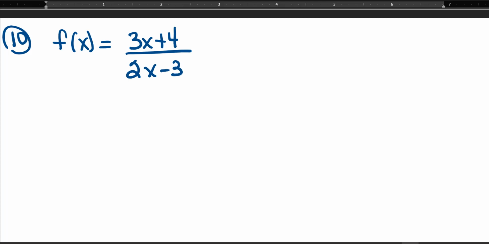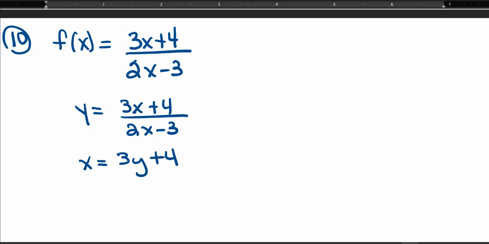Let's replace f of x with y. y is equal to 3x plus 4 over 2x minus 3. Then interchange the x and y. We have x is equal to 3y plus 4 all over 2y minus 3.